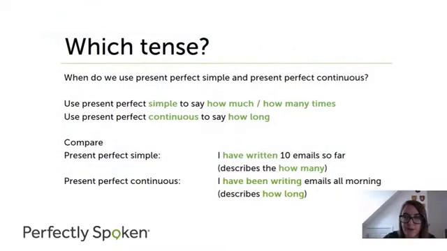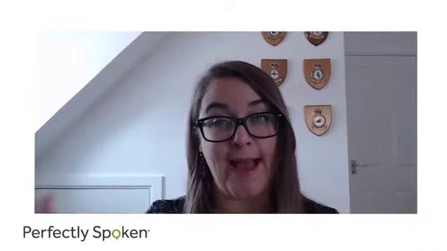Also, use present perfect simple to say how much or how many times. But use present perfect continuous to say how long. So present perfect simple, I have written 10 emails so far. So here you can see I'm talking about how many.